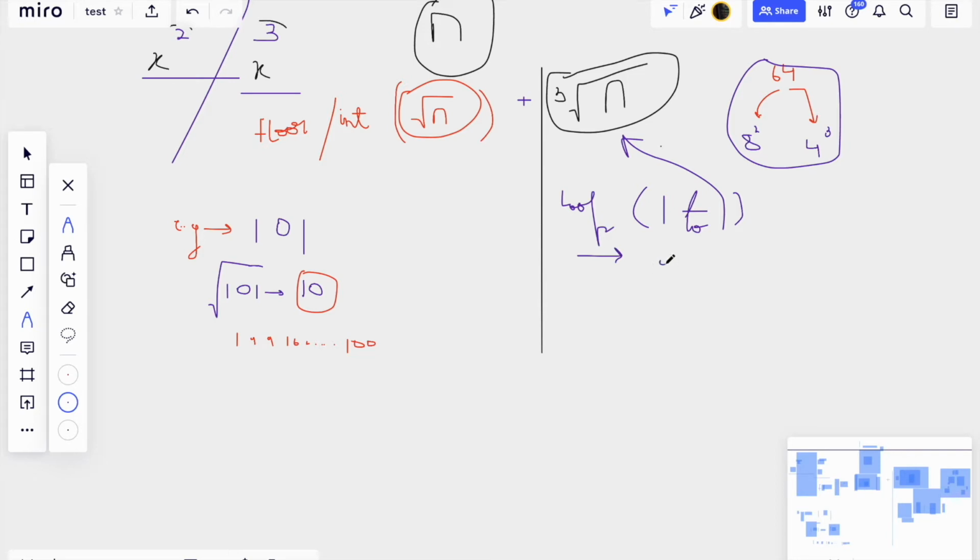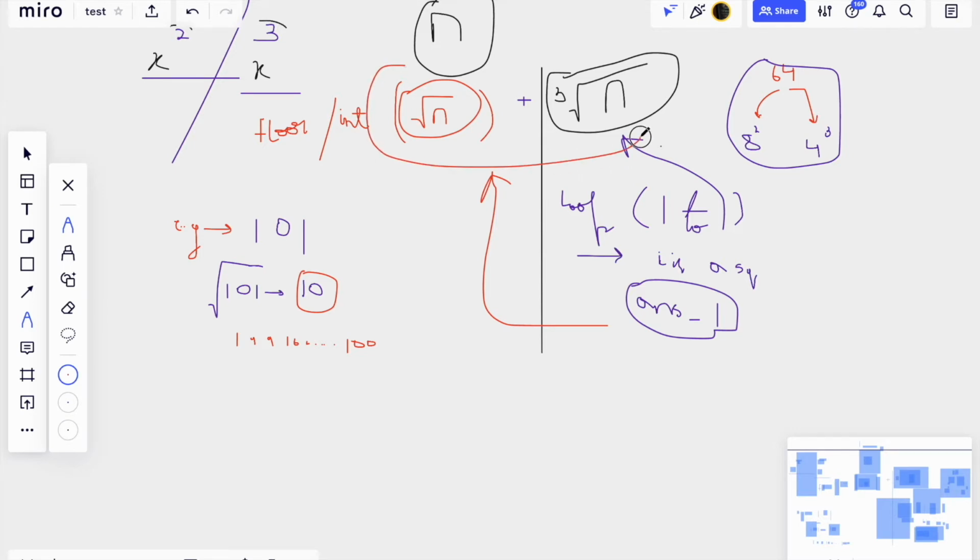If i is a perfect square, then I subtract 1 from the answer. And what is the answer, by the way? I told you: the answer is the square root of n plus the cube root of n.